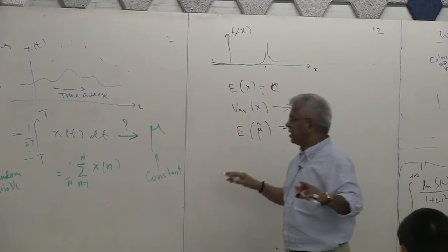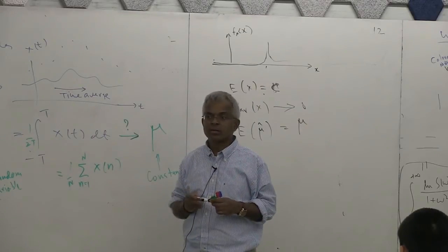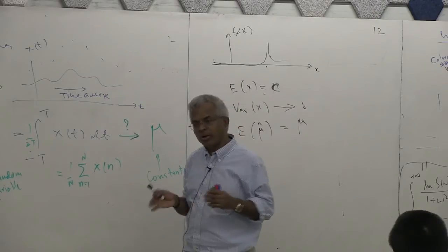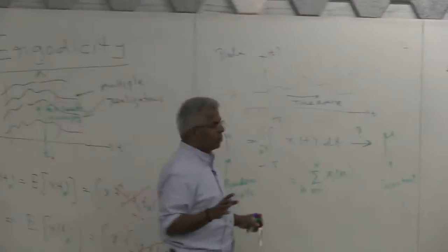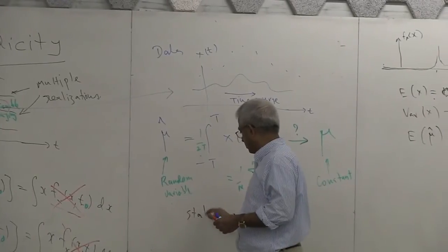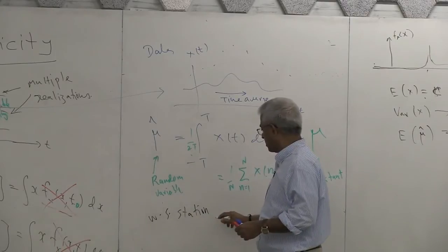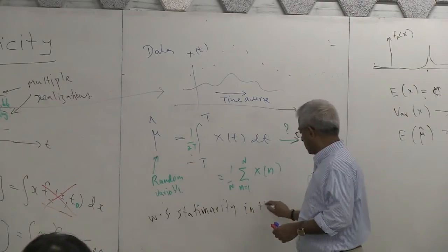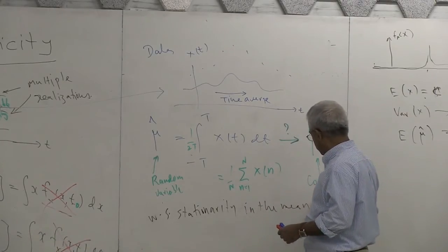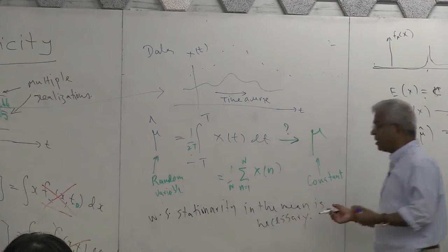Again, before I even state that, this problem makes sense only if the process is what? You don't need wide-sense stationarity, but at least you need stationarity in the mean, so the mean needs to be constant, right?